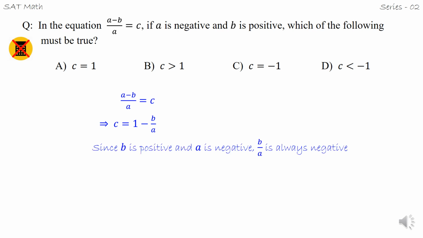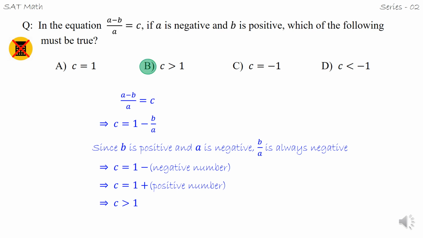It is given that since b is positive and a is negative, b by a is always negative. So we can rewrite it as c equal to 1 minus a negative number, which is c equal to 1 plus a positive number. So this c should always be greater than 1. So option B.